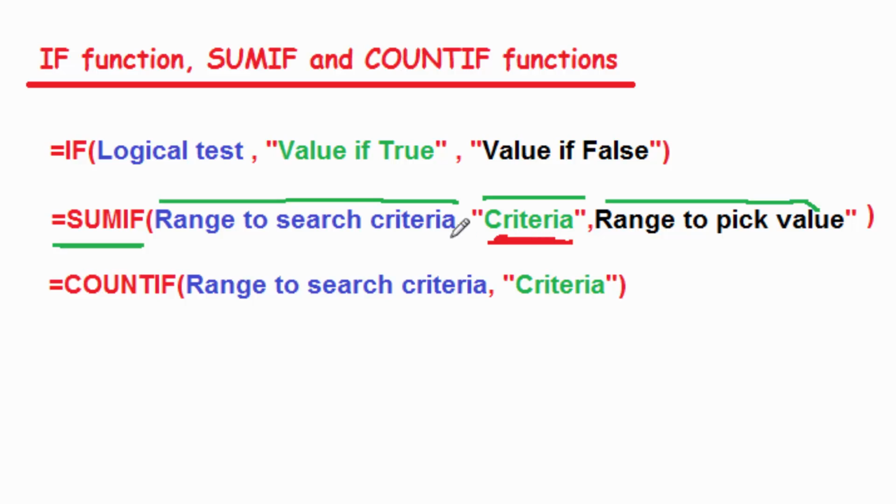I will search for the boy from a group of cells which has both boys and girls. Then when I get a boy, I will go to the column for the marks and pick the marks of each boy and add them. I will go ahead and show you with the example in Excel.